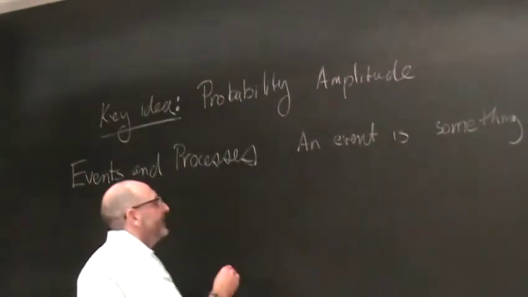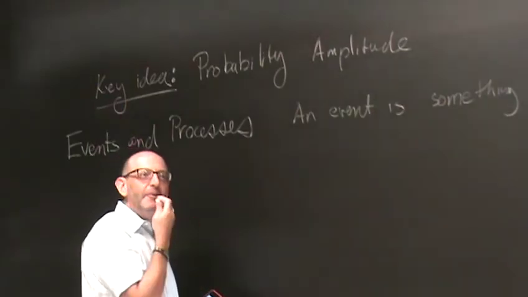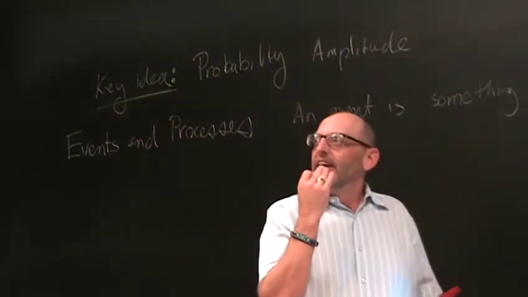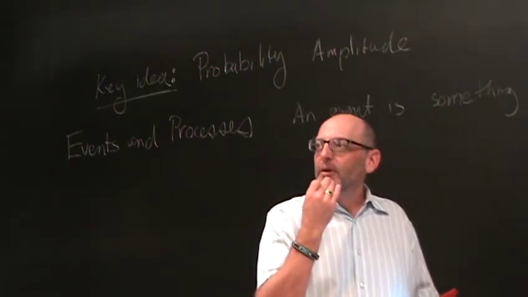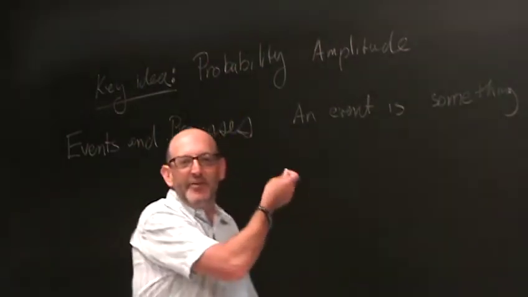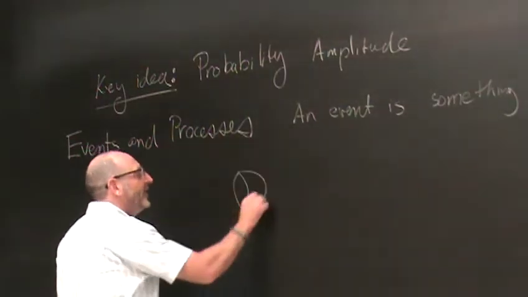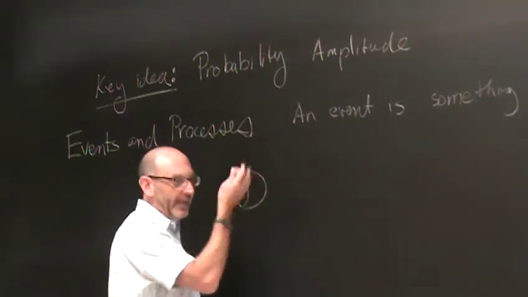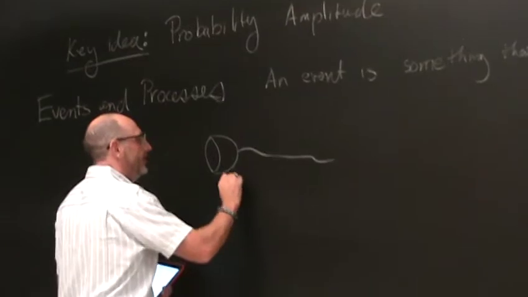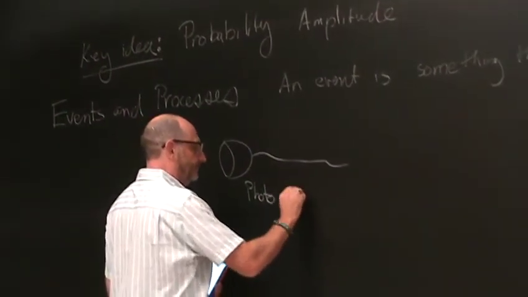But I forgot where, there's this famous law case where someone said, well, you can't define pornography, but you know it when you see it. It's the same thing with an event. It's hard to define it, but when you see it, you know that's what you mean. So let's just say I have some kind of photo detector that goes click.